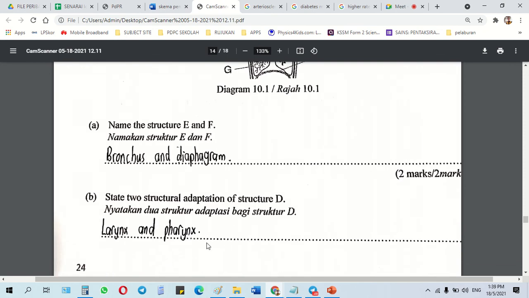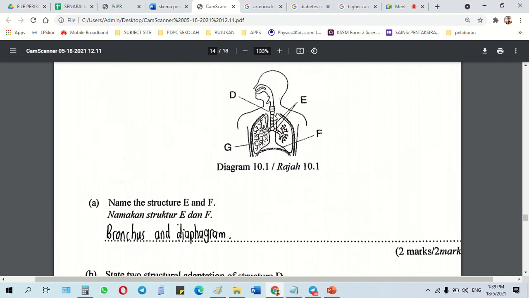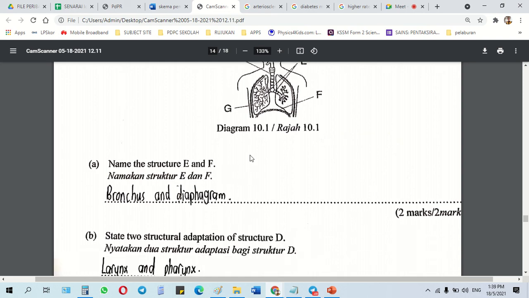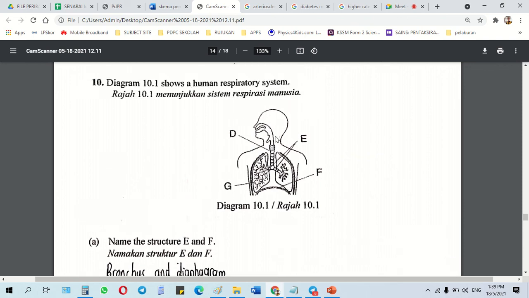Okay, and then B, state the 2 structural adaptation of structure D. So kita bagi tahu D tu tadi, okay, D ni dia bukan minta apa, dia minta adaptation of structure. Dia bukan minta nama. So that kita bagi tahu dekat sini, D, the inner lining with cilia or tiny hair. Okay, dekat situ ada cilia or tiny hair.